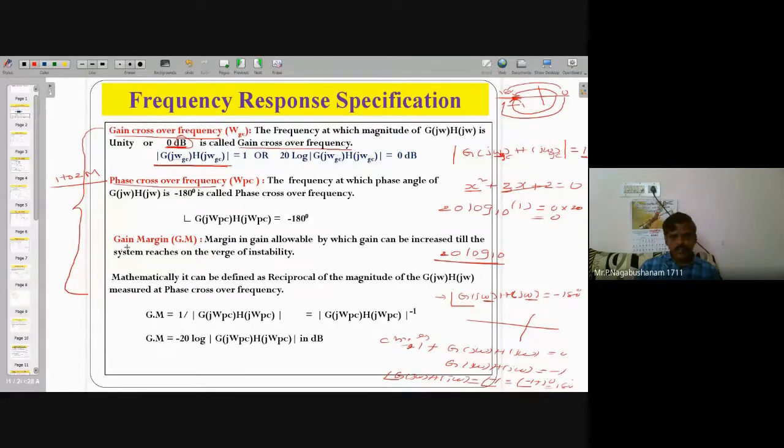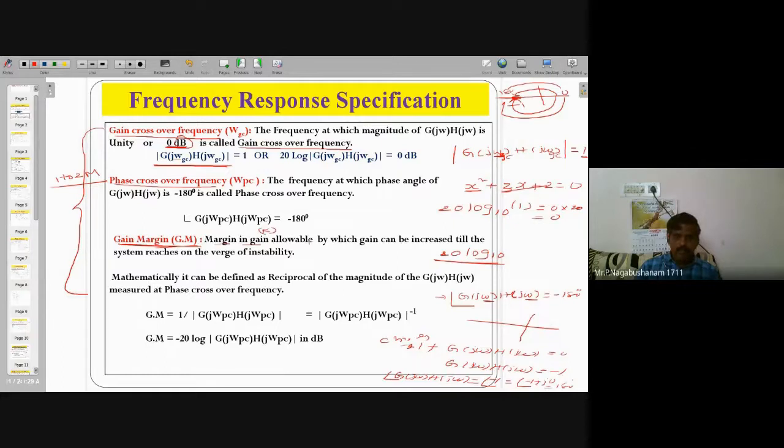Anyway, if you check the gain margin definition, you can't understand. There is no relation between definition and formula. I will give the definition, but the definition is different from the formula. Check it. Gain margin, G.M. Don't assume general manager. Gain margin is defined as margin in gain. Gain means K, system gain. Margin in gain allowable.